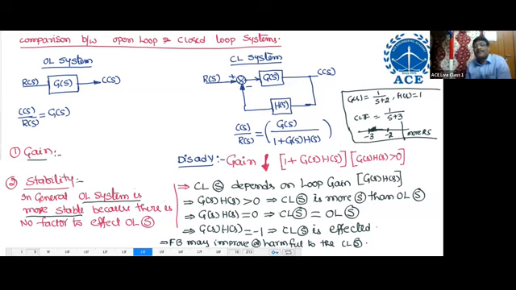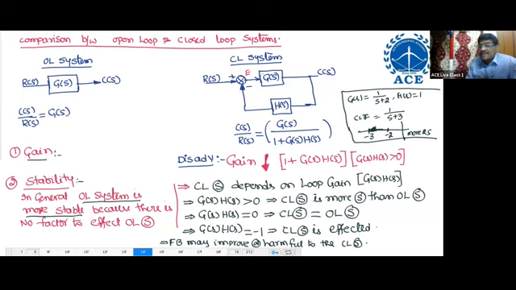Why? Error generation is there. Here error is generated and we try to make the error 0. Sensors are there, and they measure the output. In the open loop there are no sensors, we don't measure the output, and we have to observe the output manually. In the closed loop the output is measured and compared with the input, and error generation is there. That's why the closed loop system is more accurate than the open loop system.